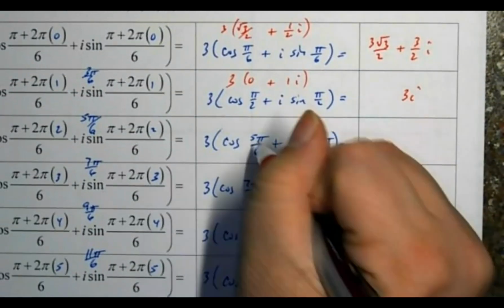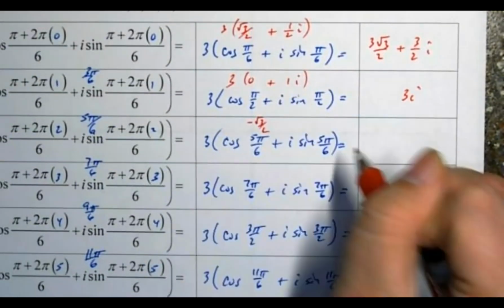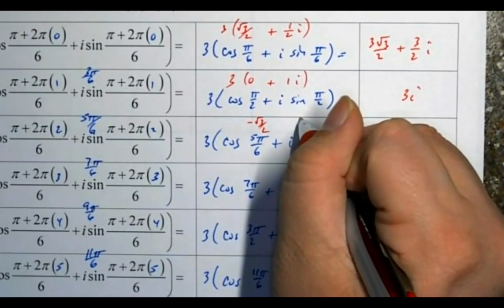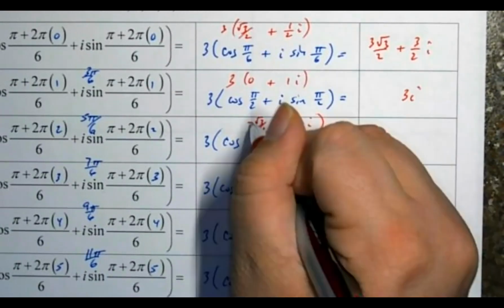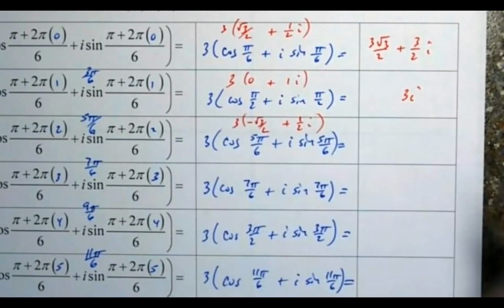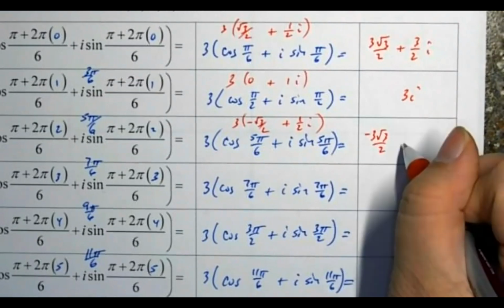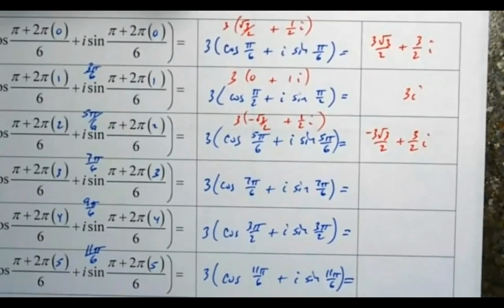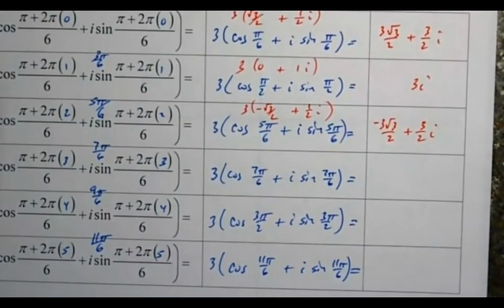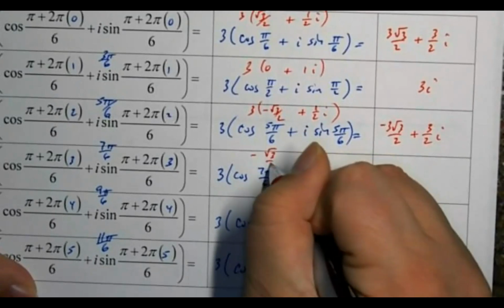5 pi over 6. Cosine of 5 pi over 6 is negative square root of 3 over 2. The sine of 5 pi over 6 is positive 1/2 i. So now I'm going to distribute 3 to that, and I get negative 3 square root 3 over 2 plus 3/2 i. 7 pi over 6. Cosine is negative square root of 3 over 2.